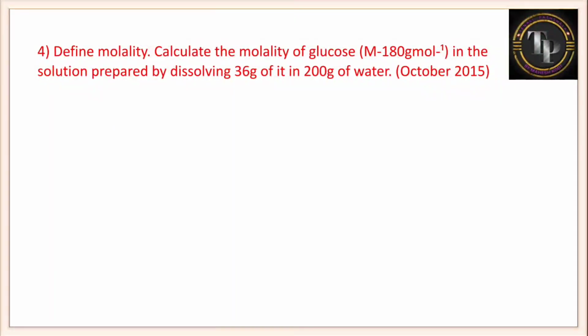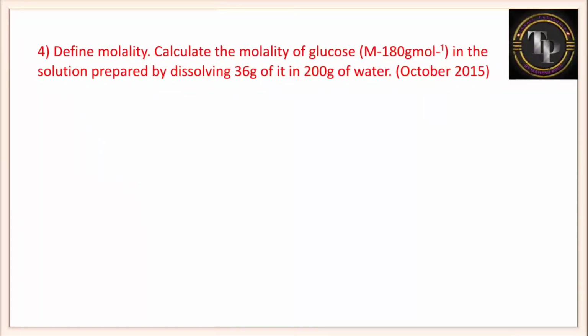Define molality. Calculate the molality of glucose in the solution prepared by dissolving 36 gram of it in 200 gram of water. See guys, the molar mass of glucose is given as 180 gram per mole.